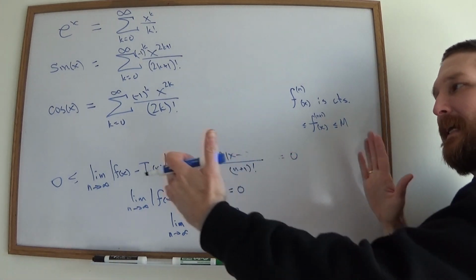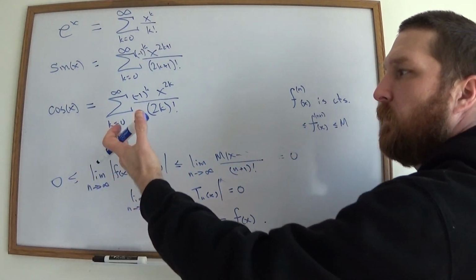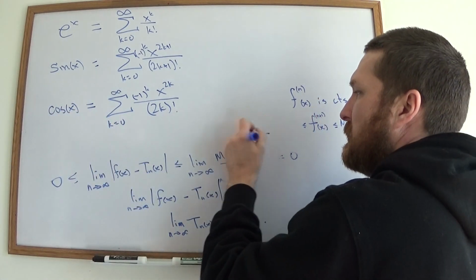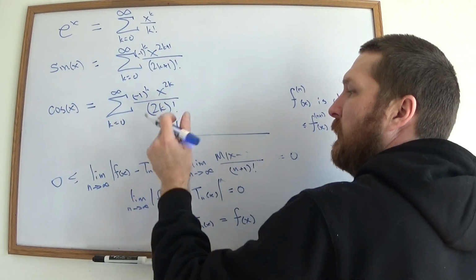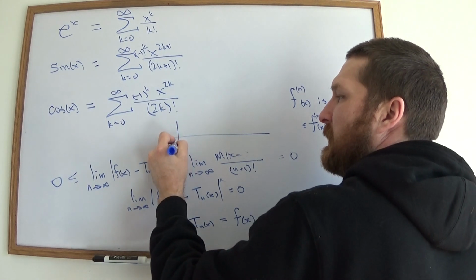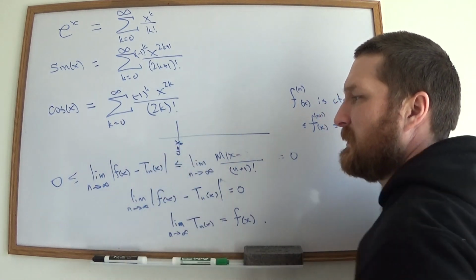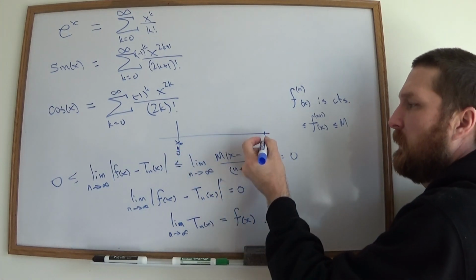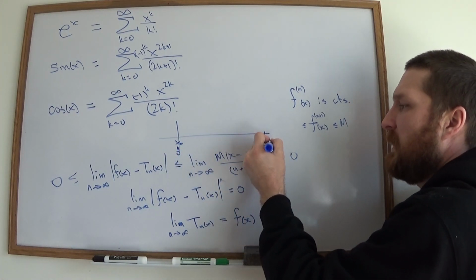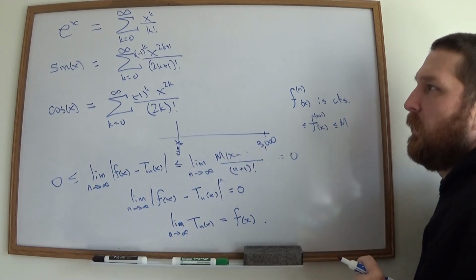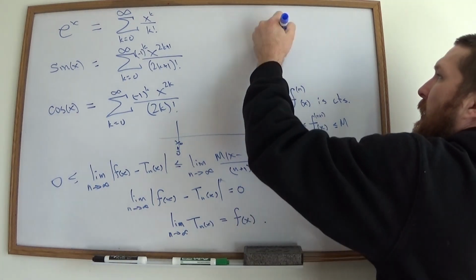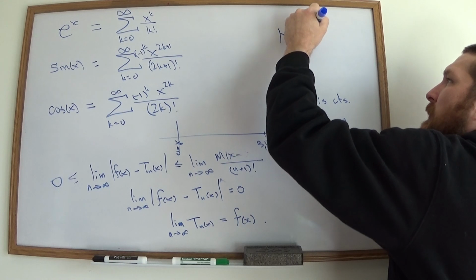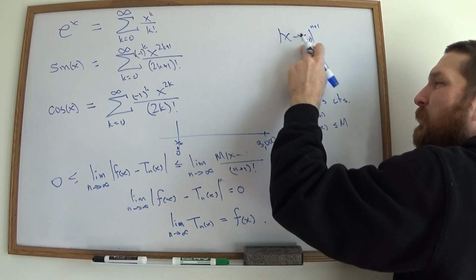And given any interval, where do you want to evaluate your x? Obviously, I've chosen my x0 to be 0. Well, depending on how big you want your x, let's say you want your x to be 3,000, that's going to make x minus x0 to the n plus 1 equal to 3,000 to that power.